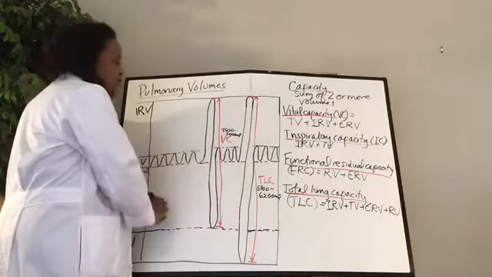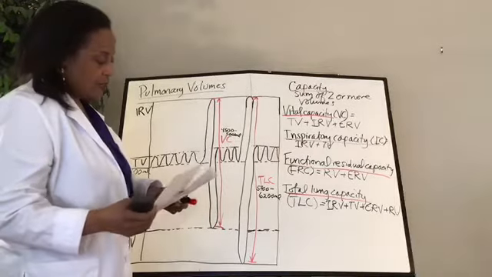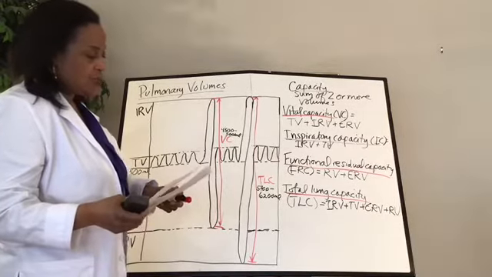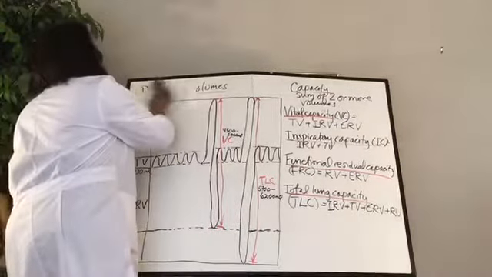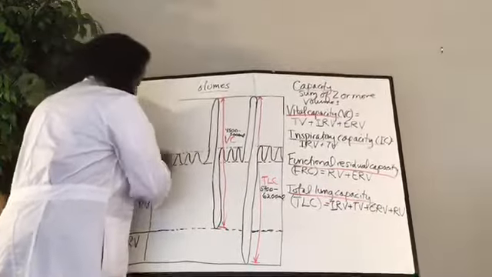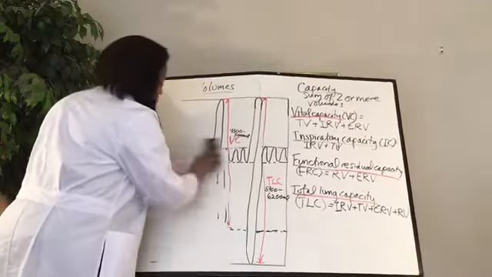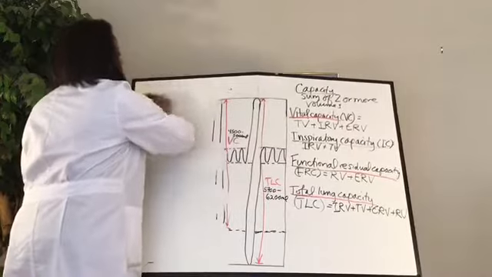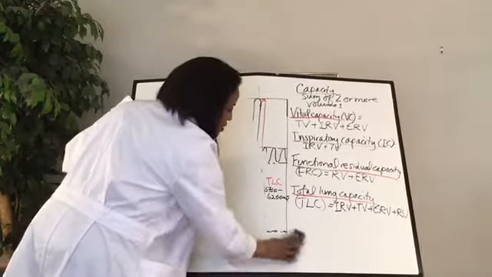All right, so I'm going to erase this, and we're going to go on to a few terms that I want you to be familiar with, and then we're going into pulmonary gas exchange. So just give me a sec. I'm going to erase this, and we'll move on to some terms and then pulmonary exchange.